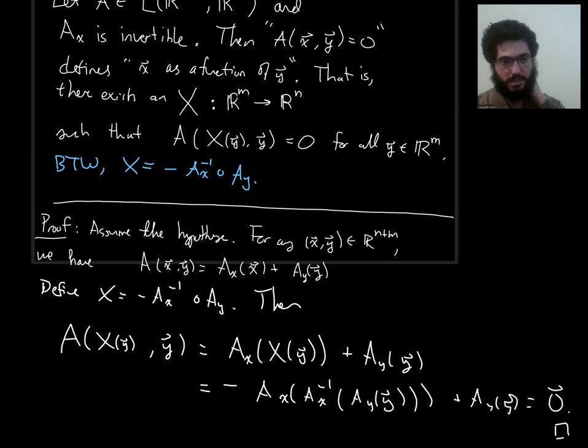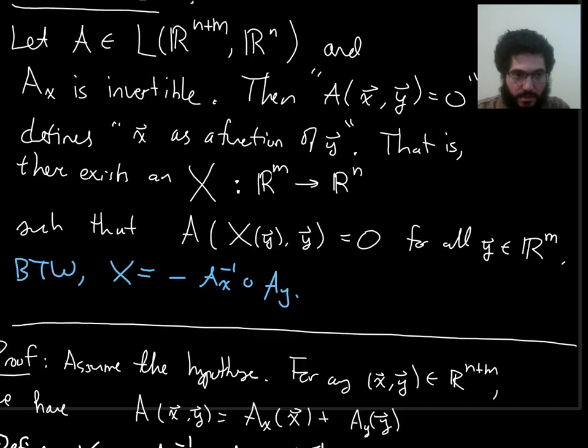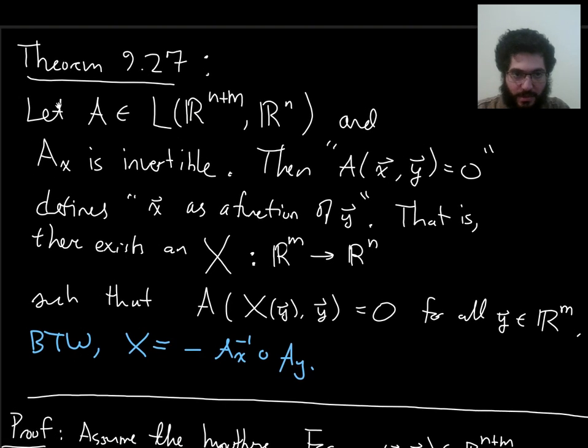So what we're going to do next time is we will do this but not assuming A is linear, and we won't call it A, we'll call it F. And the domain will not necessarily have to be exactly this, it'll be just some open set, a subset of R^(n+m).